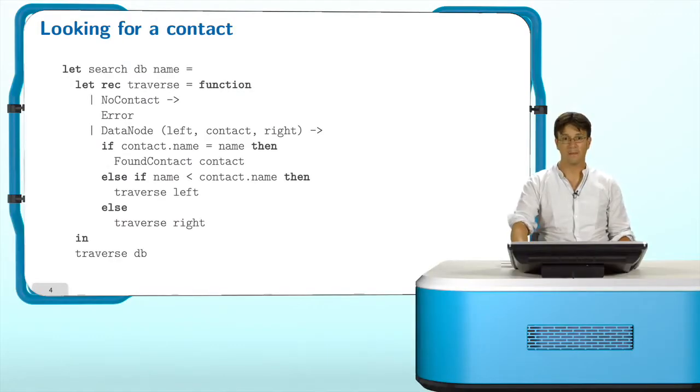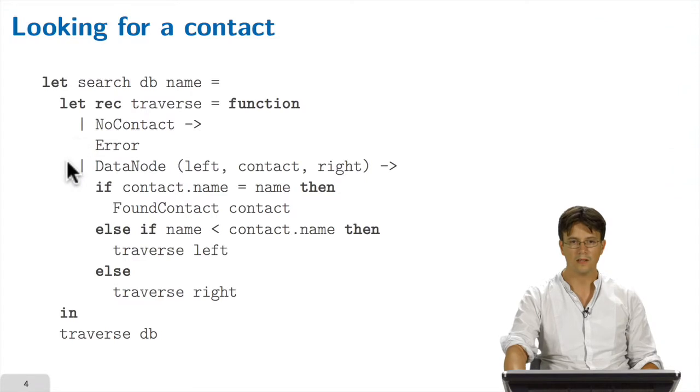So let us come back to our search function in the database. It is now a tree traversal defined by induction. In the case where there is no contact in the database, it means that the database is empty, so we return an error. Otherwise, if the database is composed of a node, then there are several cases.